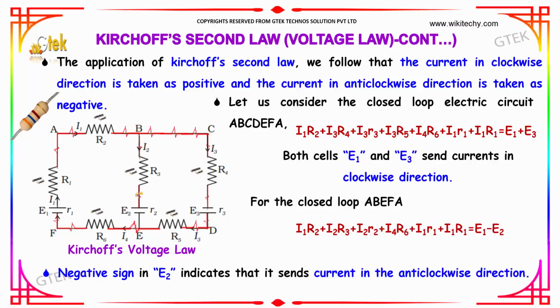Since the direction of current is clockwise, you are able to see the positive here. It's in the opposite direction, so we got the negative sign here. It indicates E2 is sending the current in the anti-clockwise direction.